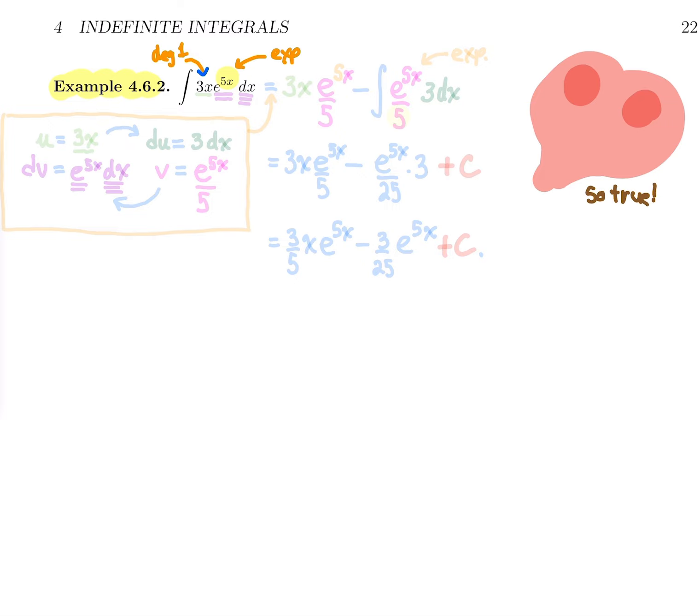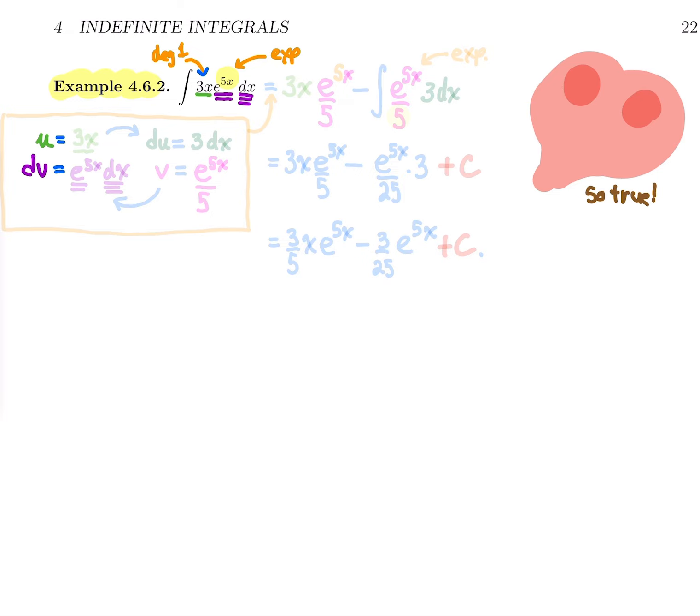So here we have the product of three terms. We have 3x, the polynomial of degree 1, multiplying the exponential term, multiplying the differential term. So remember, integration by parts is really like a double substitution. So part of the formula will go inside u, and part of the formula will go inside dv.